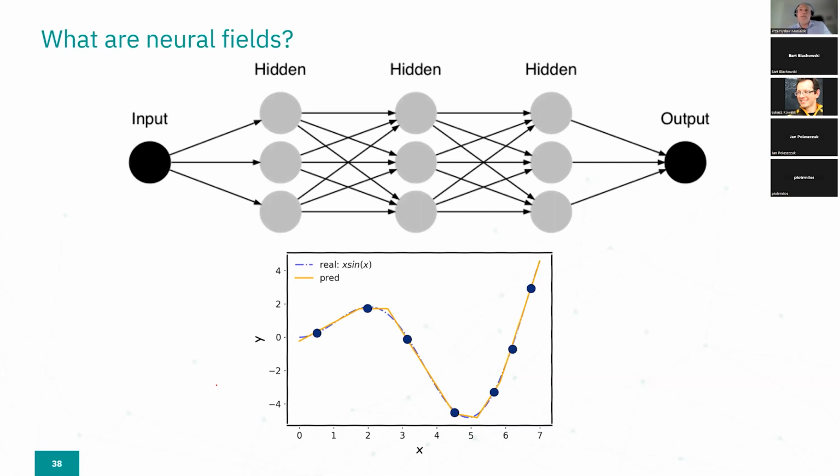And this network is, in these terms, a neural field. And what's so interesting about it? The interesting part is that we only need a small number of samples from our function, which we want to approximate, in order to get a nice representation of the function.